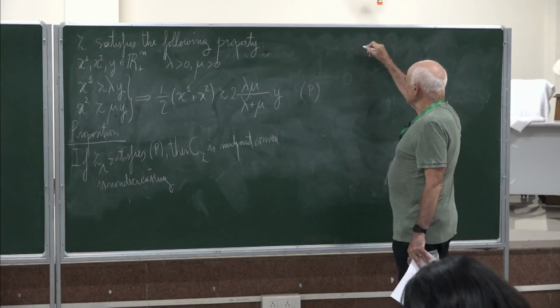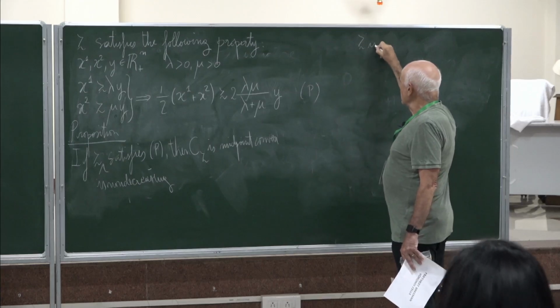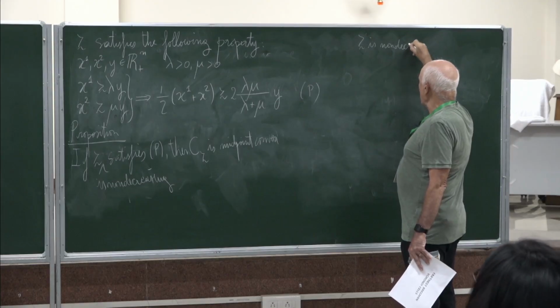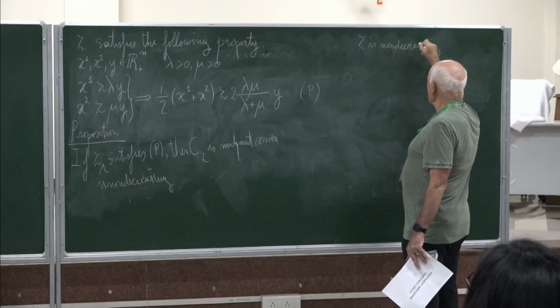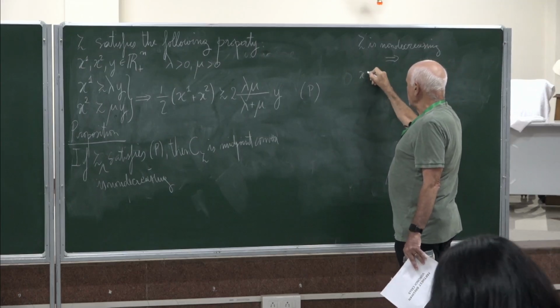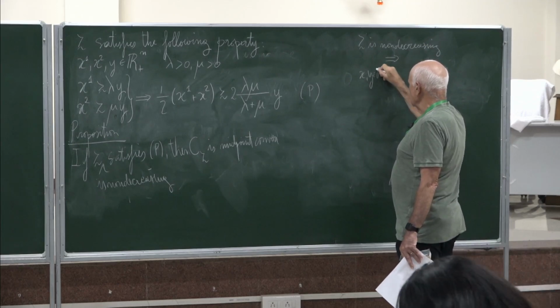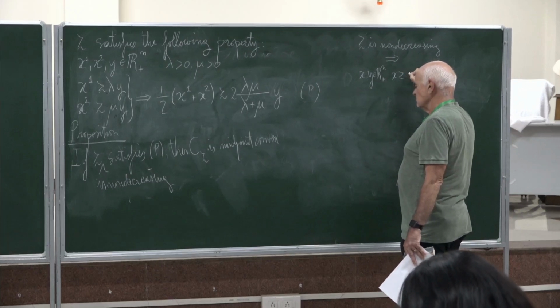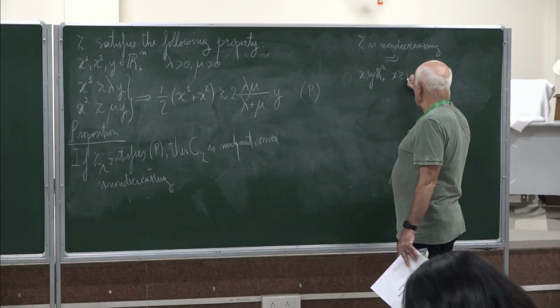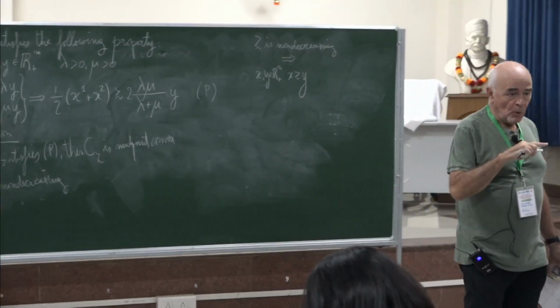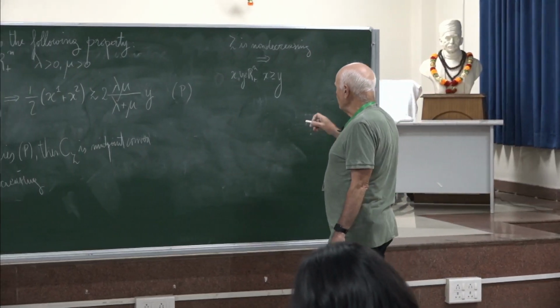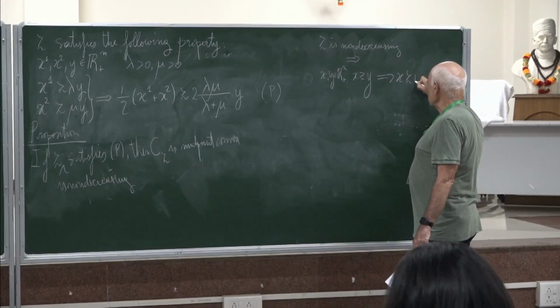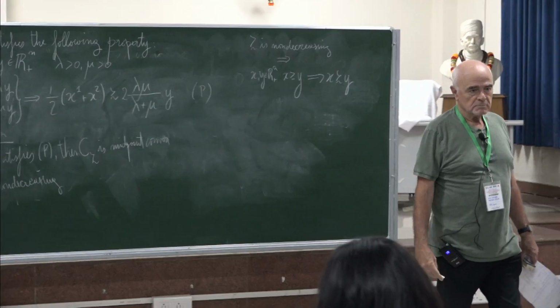So one says that it is non-decreasing. It means that whenever you have x, y with x greater than or equal to y component-wise, so x has more of every, or at least the same of every component, then you prefer x to y. Quite reasonable assumption.